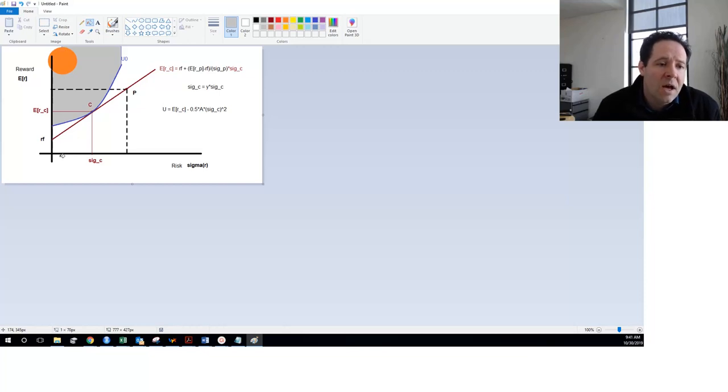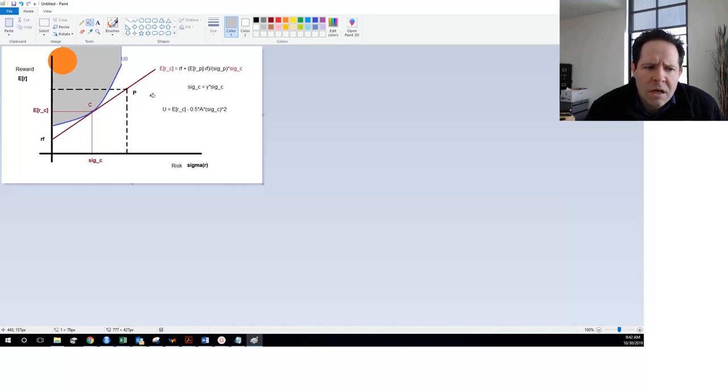Namely, point C is right on the boundary, and there are no points along that capital allocation line, that magenta line, that are in the set of portfolios preferred by the investor to portfolio C. So when you have an indifference curve that is tangent to your capital allocation line, there are no feasible portfolios that are better for the investor.